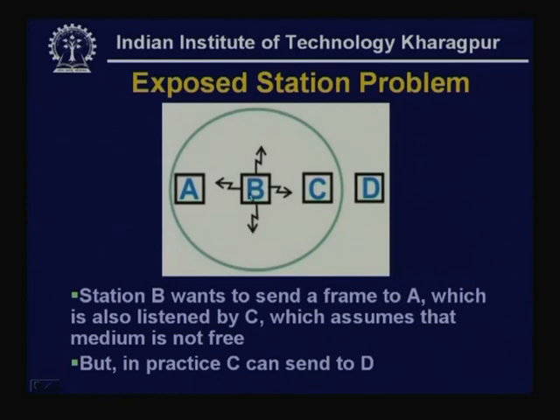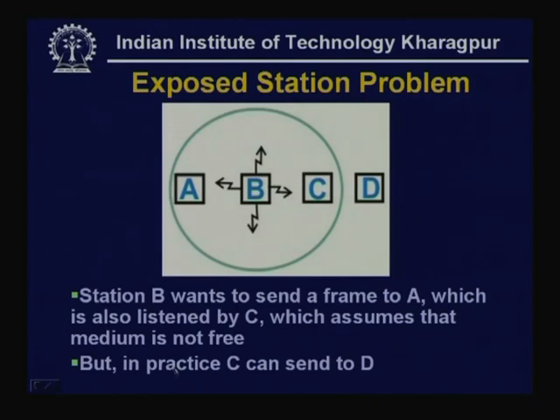Although in practice, when B is transmitting to A, C can simultaneously transmit to D, if we use the normal technique, CSMA or CSMA/CD, this cannot be done.